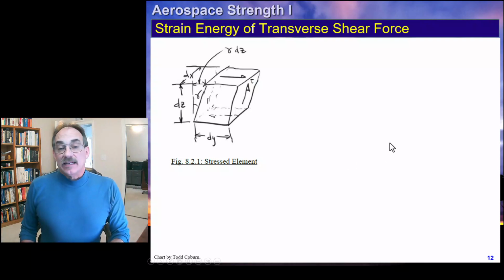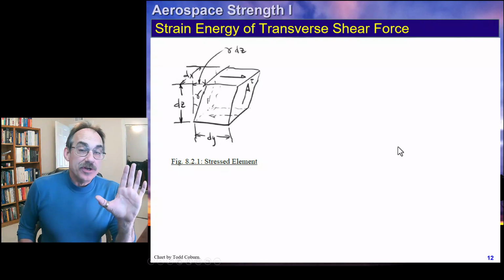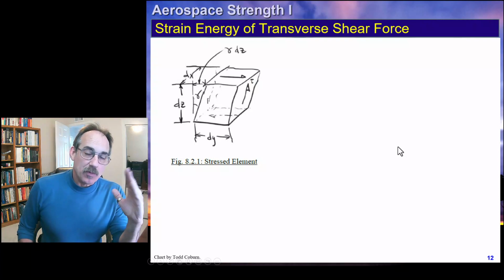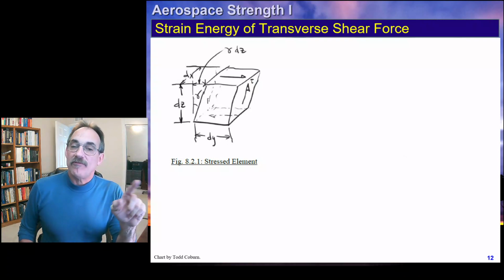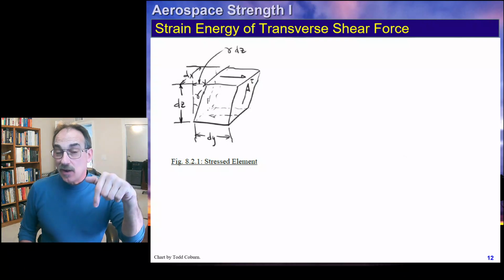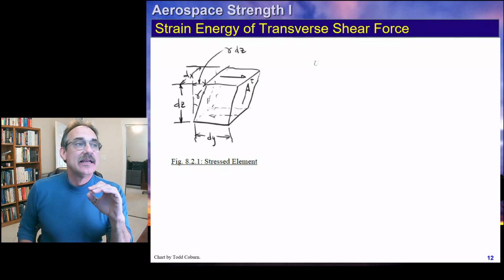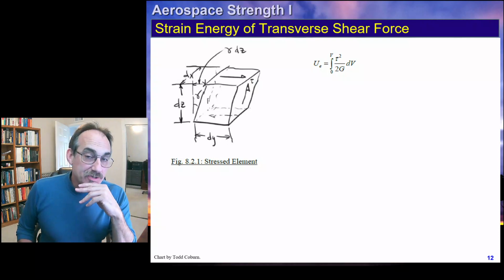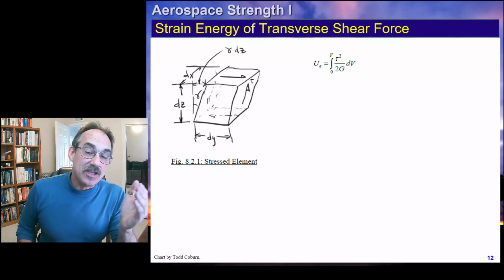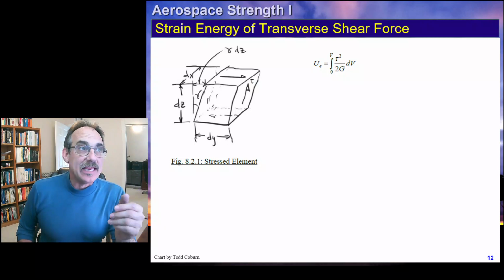Now remember back in lecture 3, we also introduced the energy associated with shear stresses. We're going to actually use the exact same derivation here, but the difference is where before our shear stress was just P over A, that average shear stress, now what we have is a parabolic distribution of shear stress given by VQ over Ib.